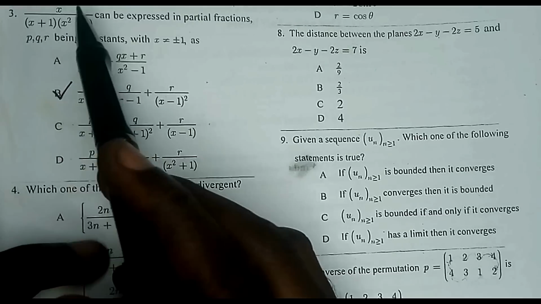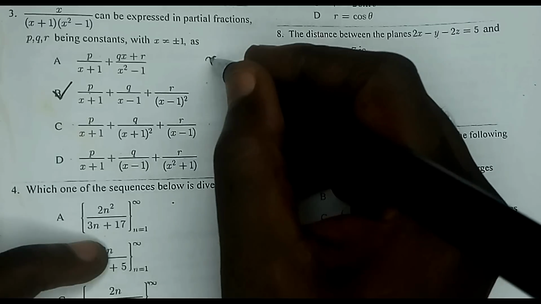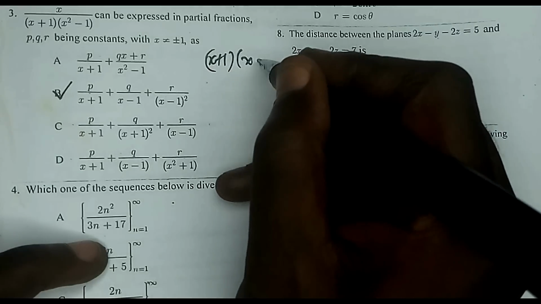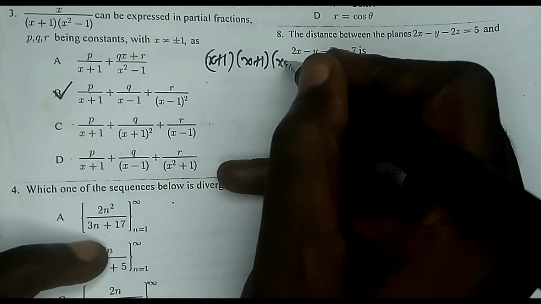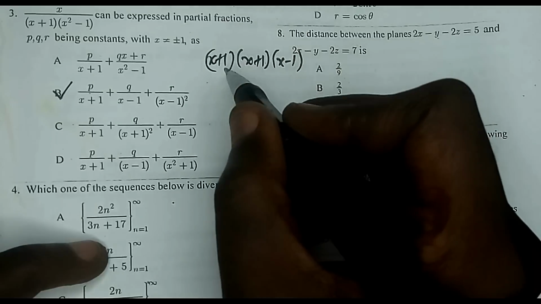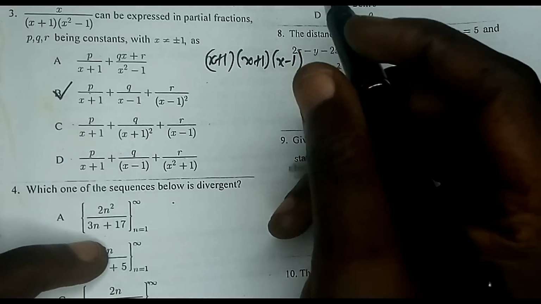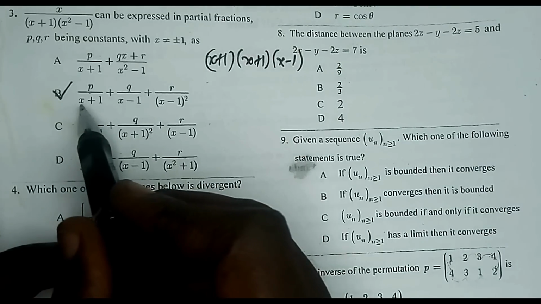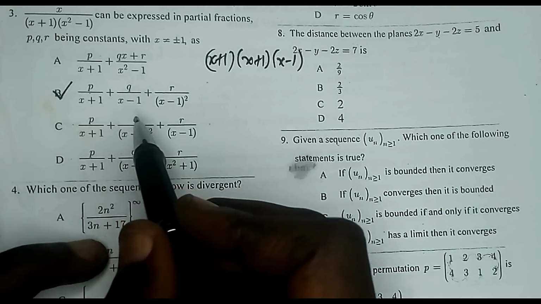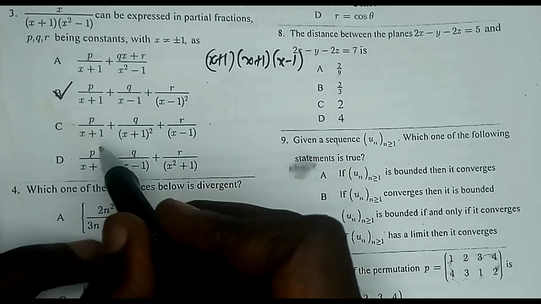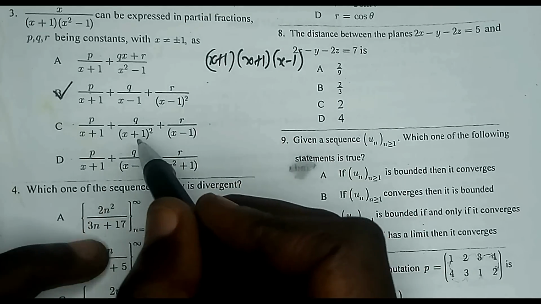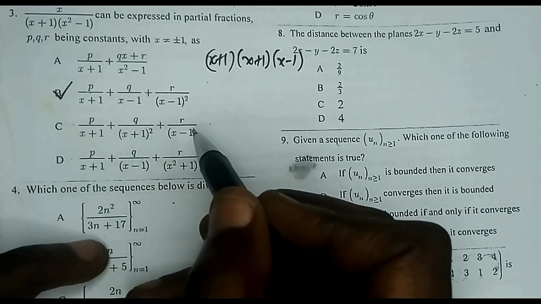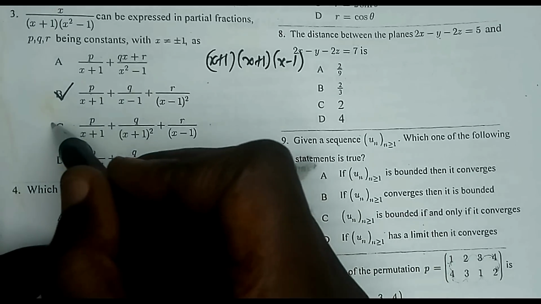So it will give x plus 1 into x minus 1. So there's a repeated factor, which is x plus 1 all squared. So the partial fraction should be x plus 1 into x plus 1 all squared into x minus 1. So the answer is this.